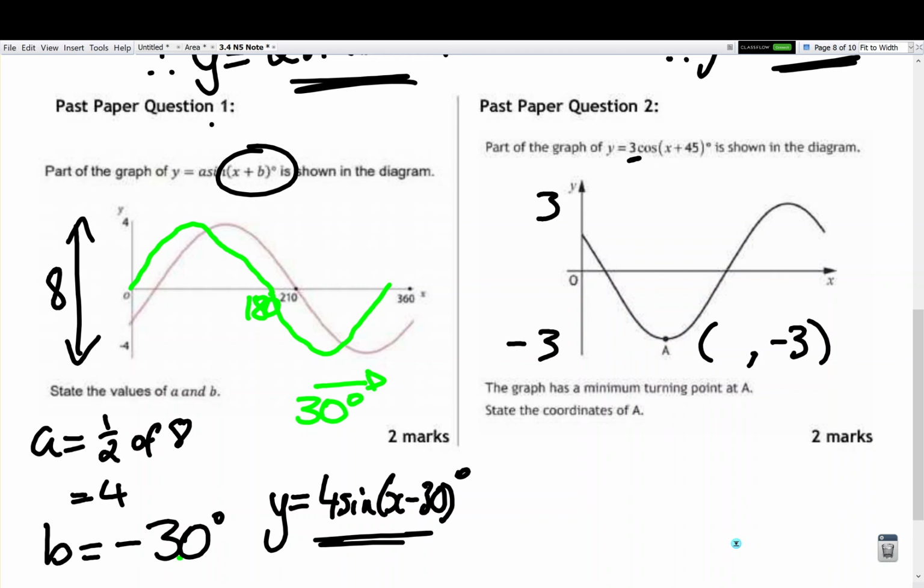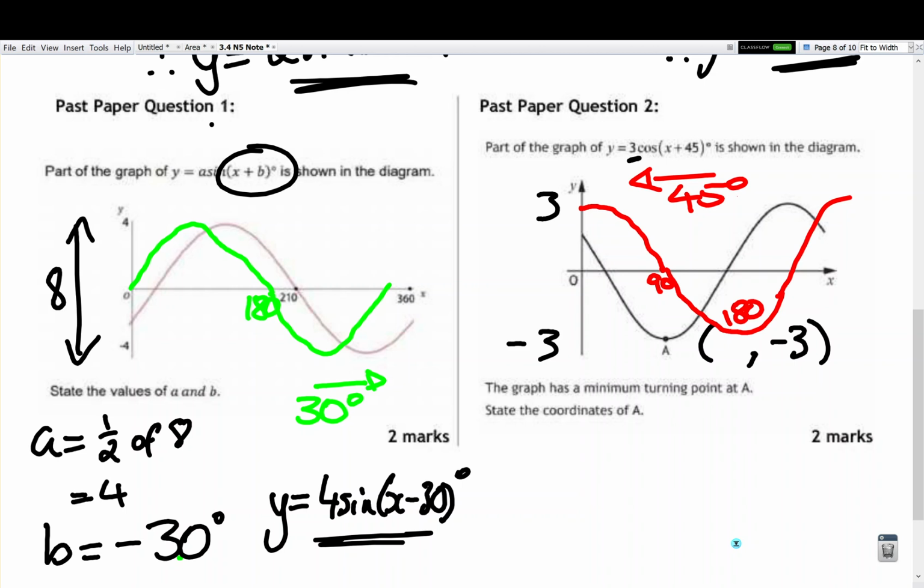Now again, if I think about my normal cosine curve, that would start up at 3, it would be 90 as it goes through the x-axis, and it would come down at 180, and it would go back up. Plus 45 means we can see clearly that it's moved to the left by 45 degrees.